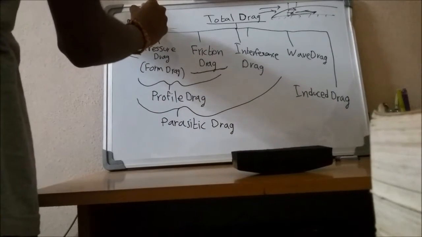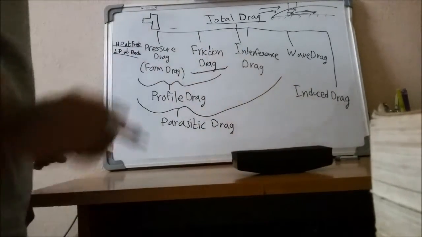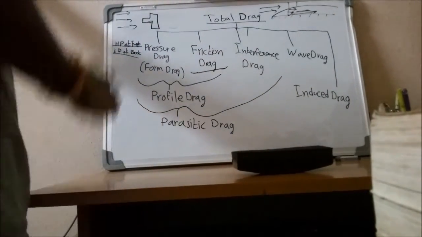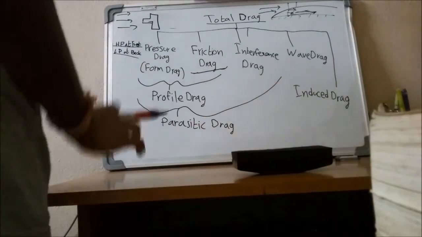Say for example, you have an object like this, and the fluid is flowing in this direction, or in other words, the object is moving in this direction relative to the stationary fluid.